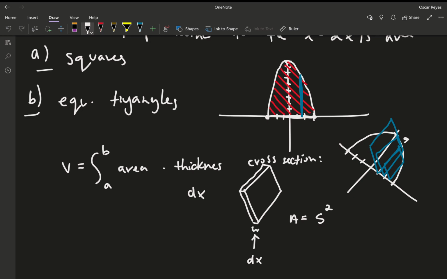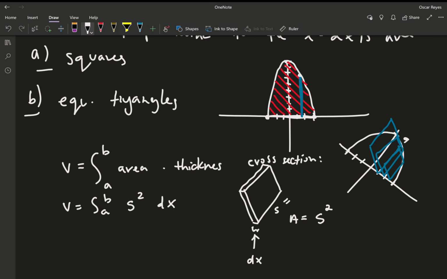Okay, so our volume between a to b is side squared dx. The issue we're having though is we have two different variables. We need to make sure that s is in terms of x, because that's what we're looking at it through. But according to the graph, we know that our base, or this s here, is equal to our function, or whatever our y value for our function would be.